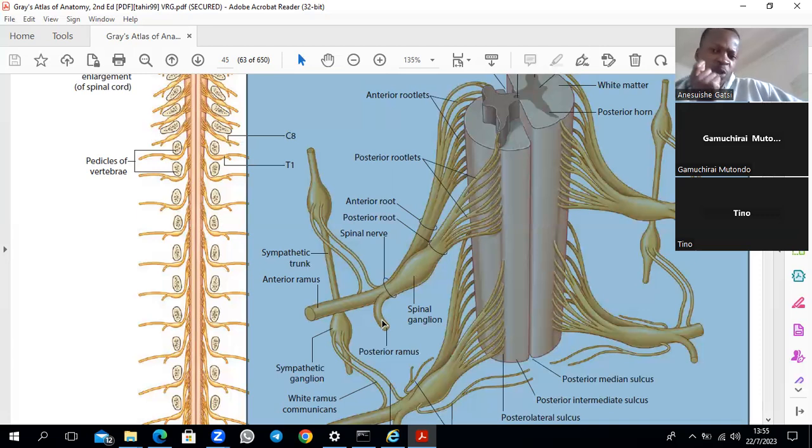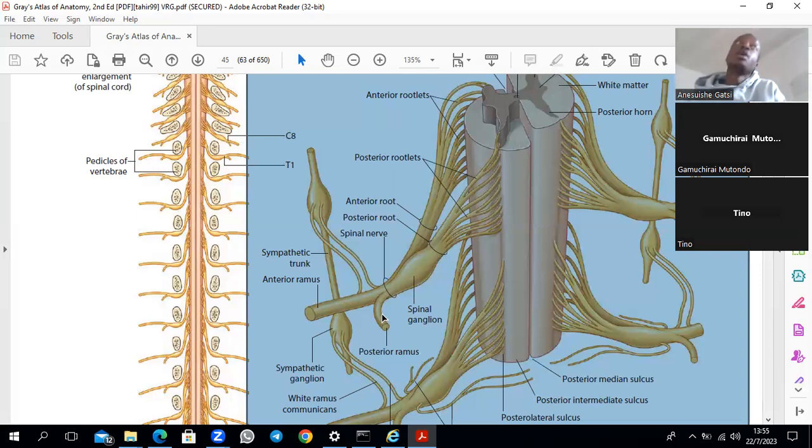But when I say muscles of the back, I'm referring to the deep muscles of the back. Probably the lesson we are going to have next after we finish spinal cord when we do the muscles of the back. The deeper muscles of the back are the ones that I'm referring to. The superficial and the intermediate, they are not innervated by this posterior ramus.